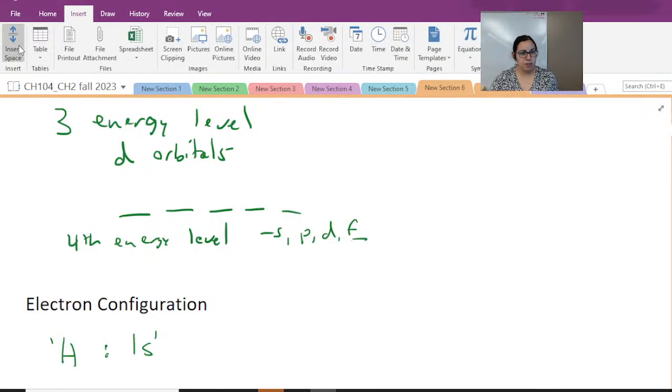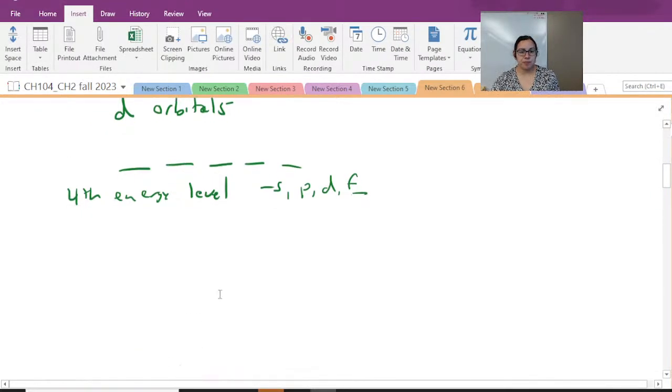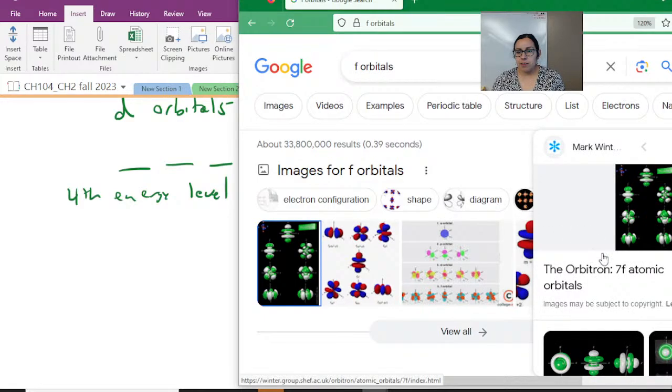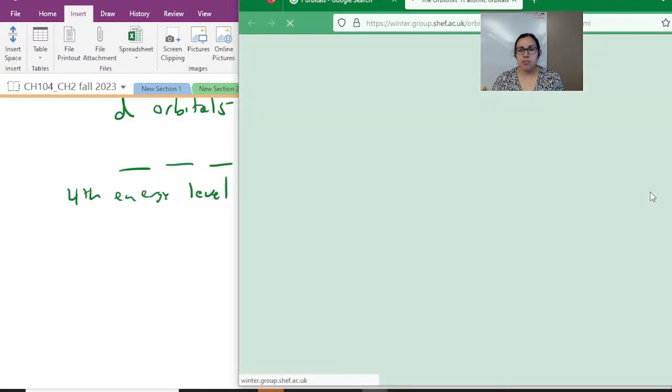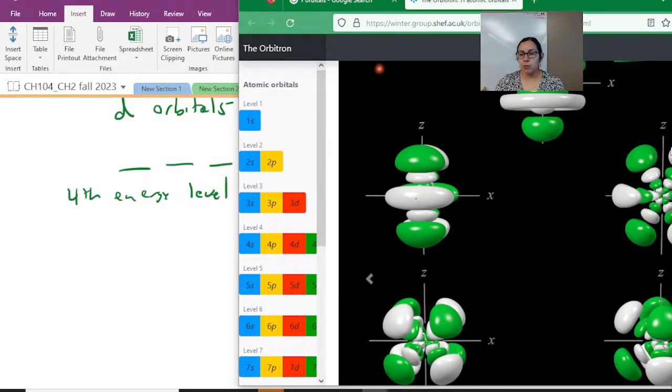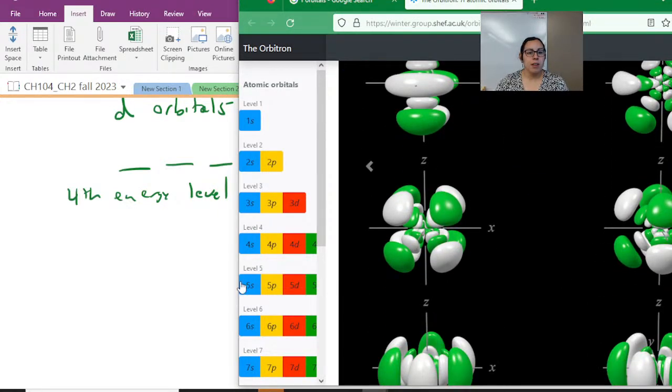I usually never draw them because they look crazy. I can kind of draw the d's, I'm not the greatest artist, but the f orbitals are pretty tricky. I'll get a picture. There are 7 of them, so you can at least appreciate how funky they look. That's why I'm not going to attempt to draw them.